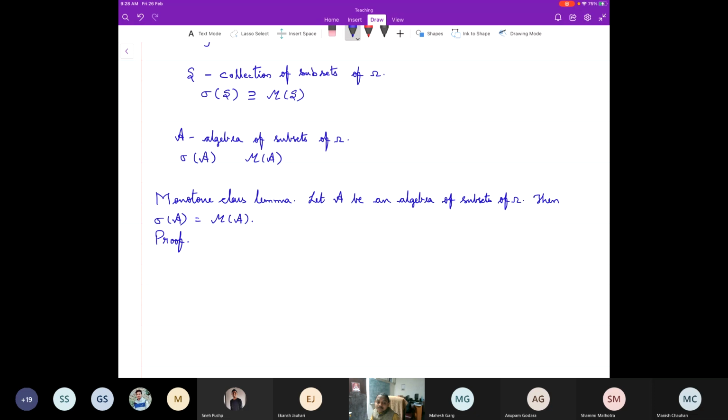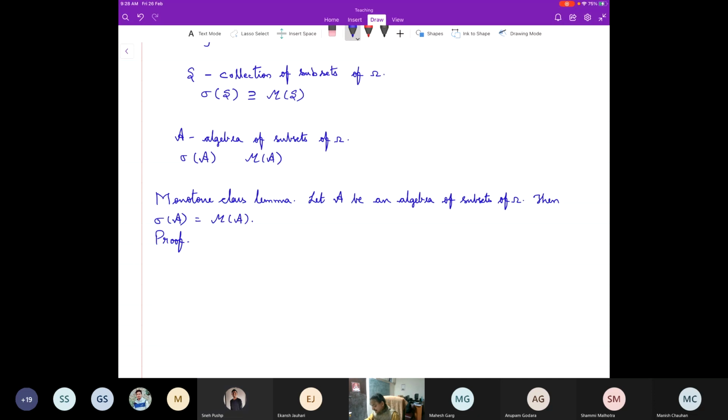It would be a sigma algebra also. M of A is a sigma algebra. And once you know that M of A is a sigma algebra containing A, therefore sigma of A will be contained in M of A. That will prove what we wanted.